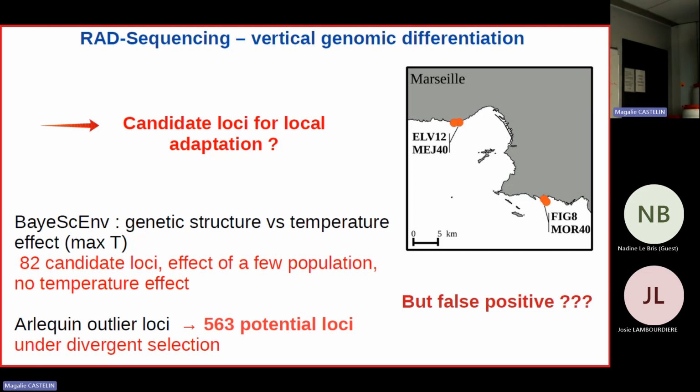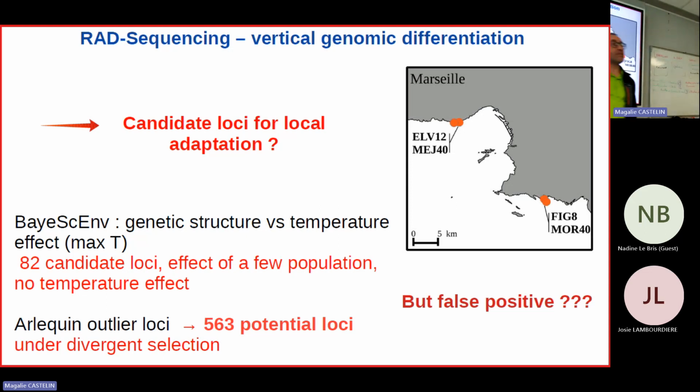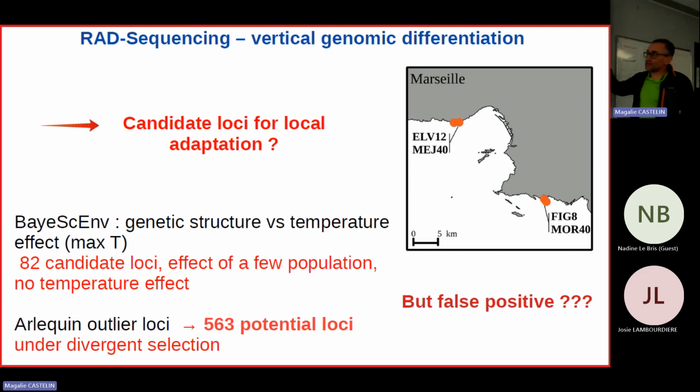I just present two of them here, never mind the names. With this one, for example, among the 27,000 genetic markers, 82 were candidates, possibly responsible for the adaptation to temperature. Another method detected more than 500 loci potentially linked to adaptation. And we had another one with other loci.